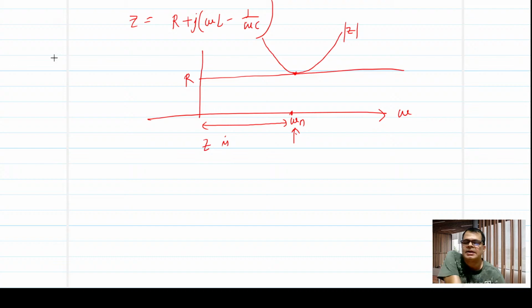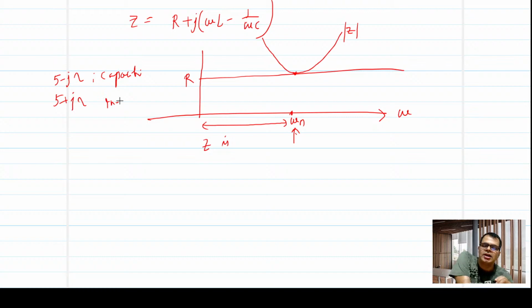See, capacitive impedance is like this, let's say 5 minus j2. This is a capacitive impedance, or leading load, we can say. And 5 plus j2 is inductive. That means the inductor has more impedance than the capacitor.